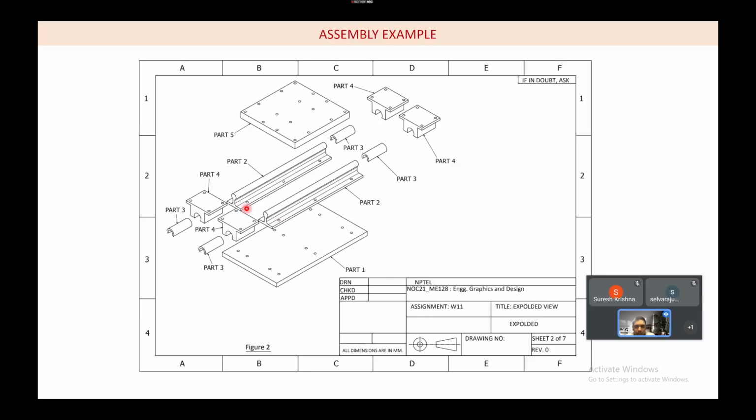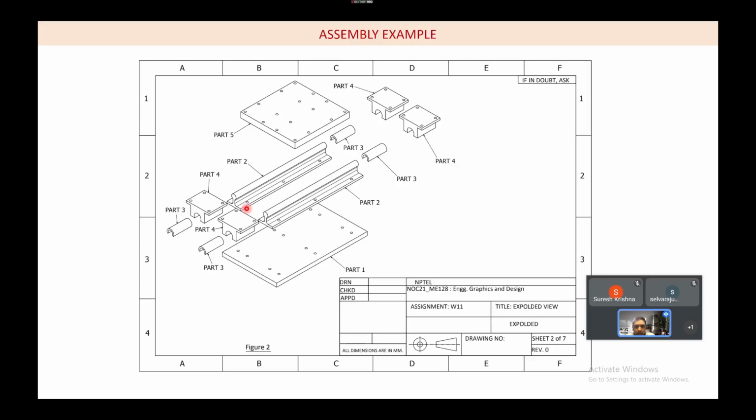After these rails are fitted on the base, upon the rails we have something called the sleeve. There are four sleeves, 4 of part 3, and these sleeves are going to sit on the rail. After the sleeves are fitted, part 4 is called the slider.